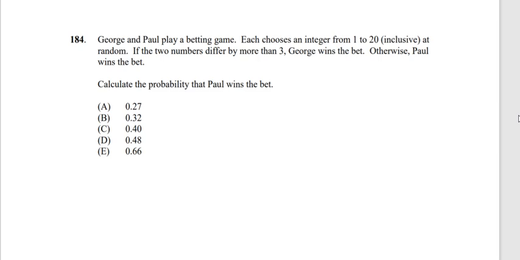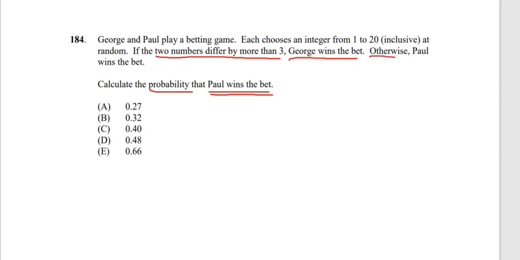Okay, so here we want to find the probability that Paul will win the bet. So we want to check when he will win. If the two numbers differ by more than 3, George will win.